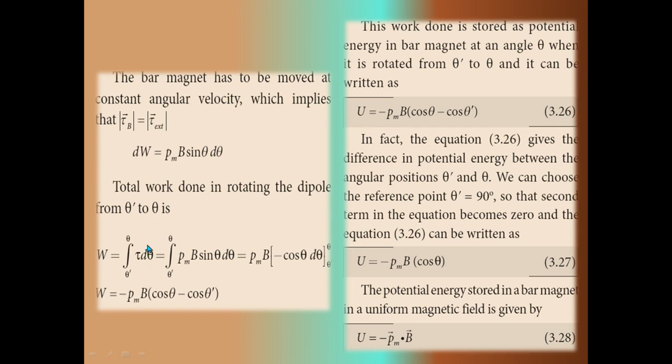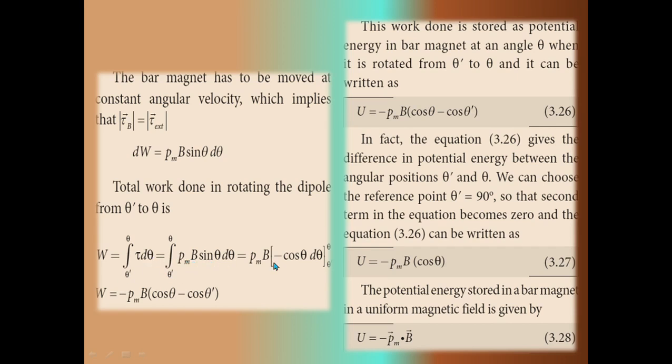Now integrate this term. Integration from theta dash to theta of tau d theta is equal to the integration from theta dash to theta of PM B sin theta d theta.